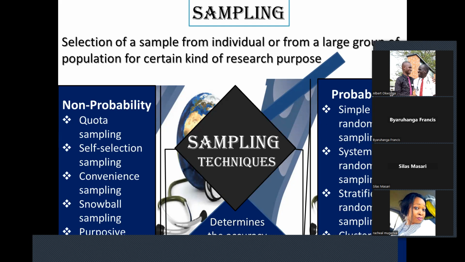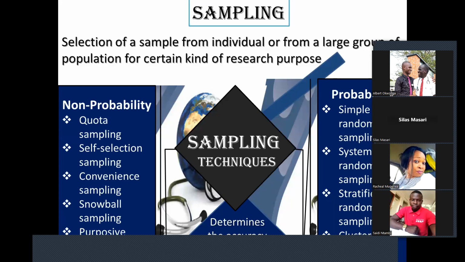So for probability sampling techniques, every participant has a chance to participate in the research. But for non-probability sampling techniques, it's based on the researcher's convenience. It's not based on probability. That means not every participant has a chance to participate in that study.